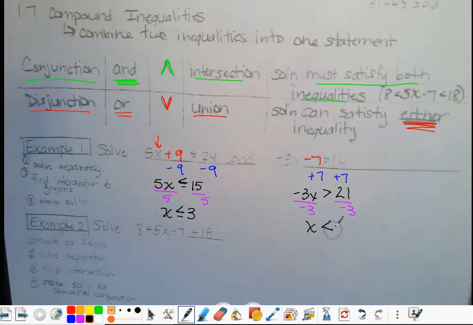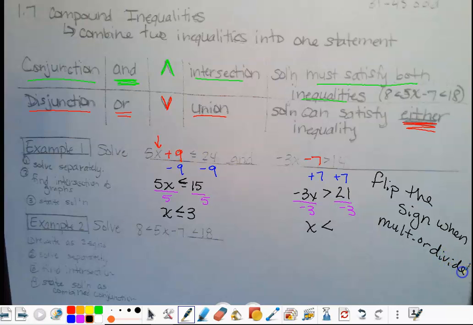We flip the sign when you multiply or divide by a negative number.